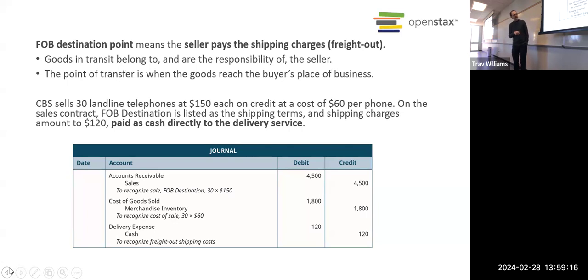Now notice the way the seller would journalize it is as a delivery expense. So if you're the seller and you are responsible for the shipping costs, you would journalize those shipping costs as a delivery expense.